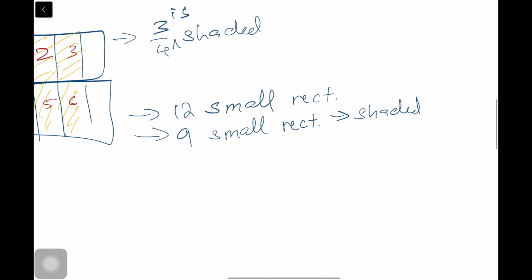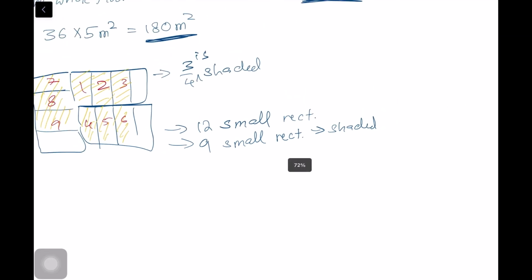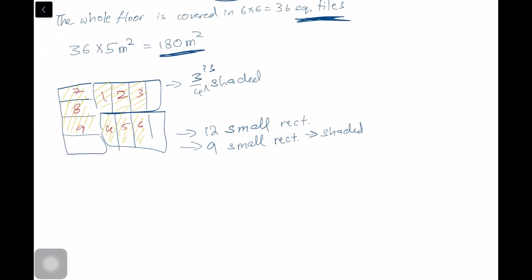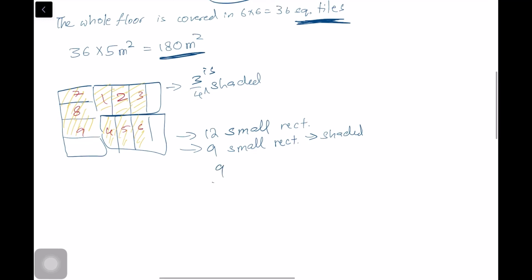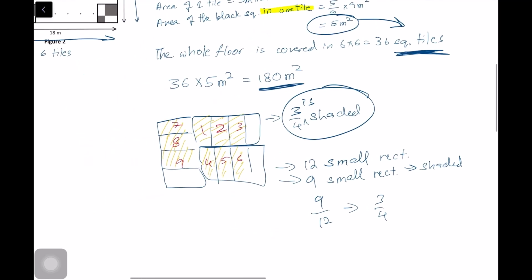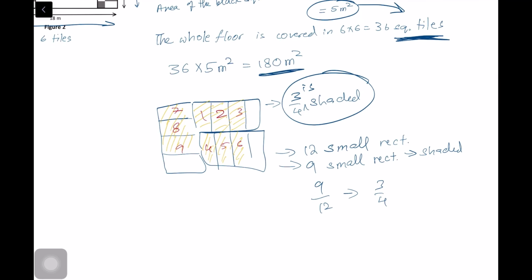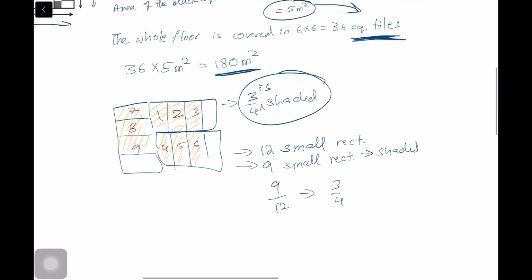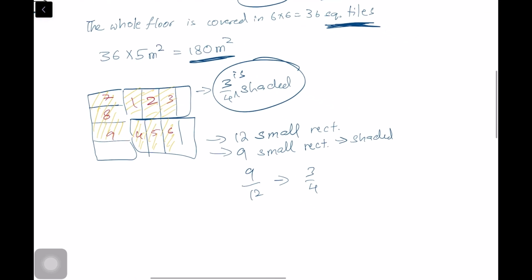So the total fraction of shaded rectangles in the whole figure would be 9 by 12, which gives us 3 by 4. So no matter how many identical rectangles we have in the whole figure, the total fraction of shaded region would always be 3/4.